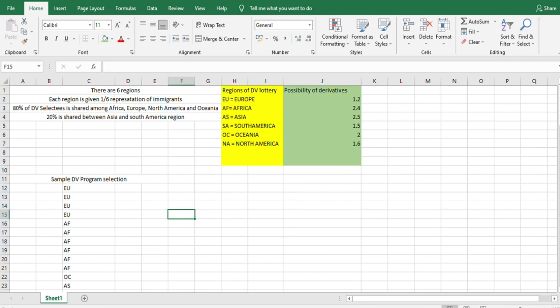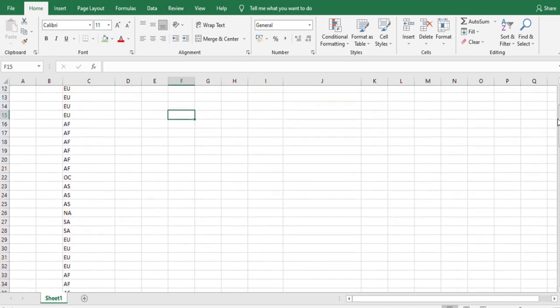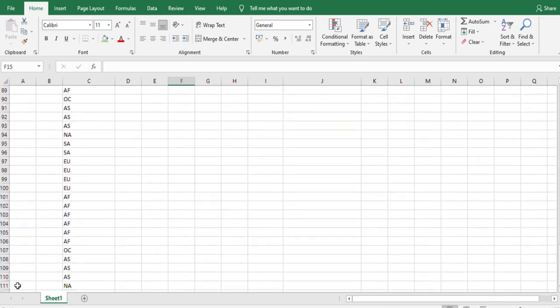In our sample, we have people submitting entries from Europe, Africa, Oceania, Asia, North America, and South America, from all the 6 regions, and we have a total of 100 applicants. We'll use this sample to clearly understand how case numbers are issued.